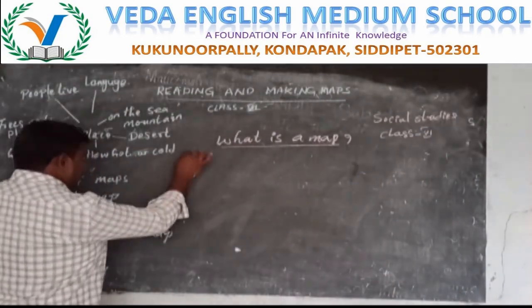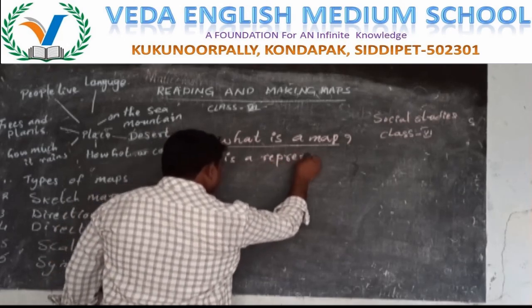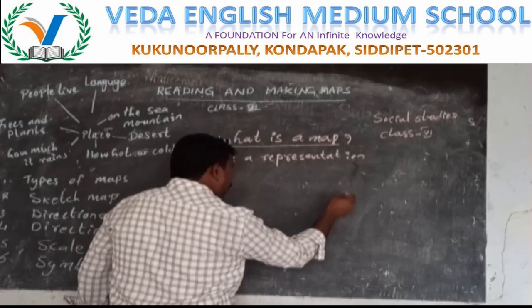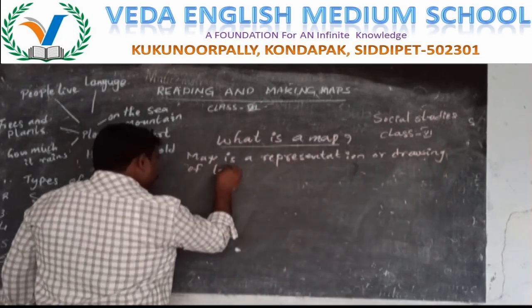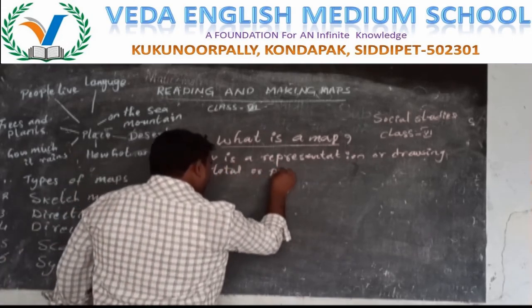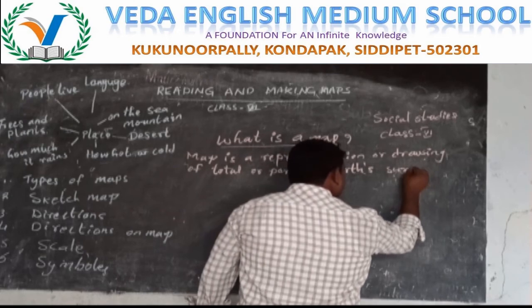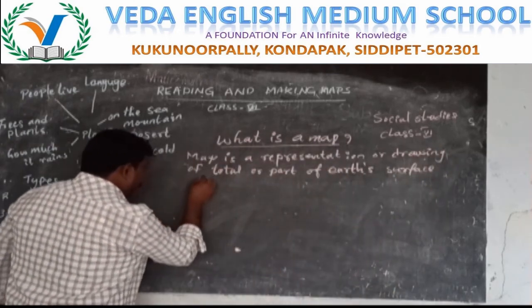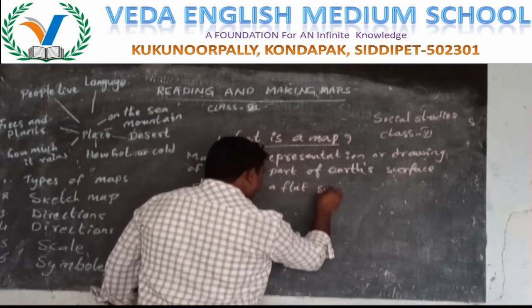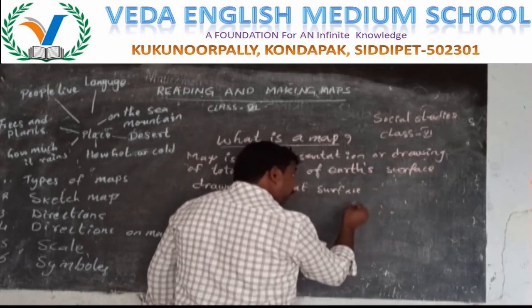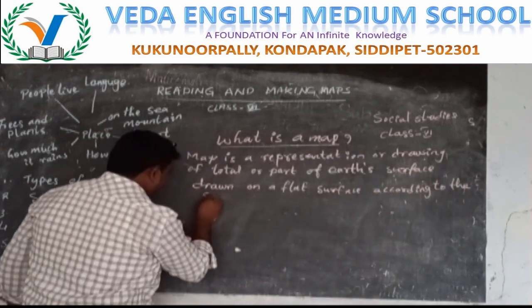What is a map? A map is a representation or drawing of total or part of Earth's surface drawn on a flat surface according to the scale.